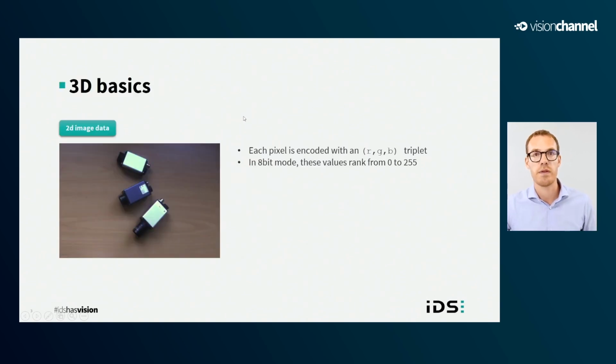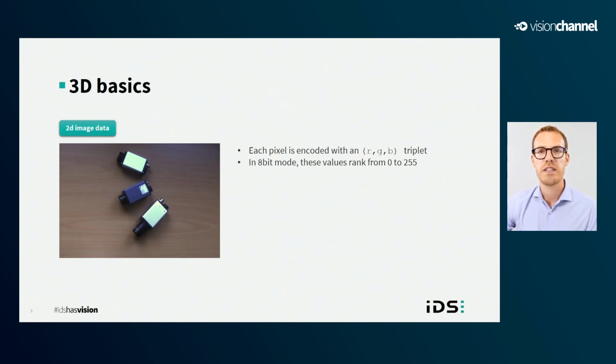Let's start with the basics, trying to understand what we call 3D data, in opposition with 2D images coming from a conventional monocular camera. In a 2D color image, each pixel is encoded with three values corresponding to the red, the green, and the blue channels.